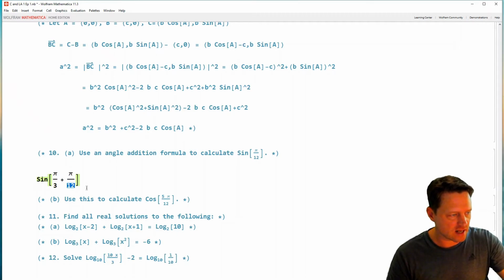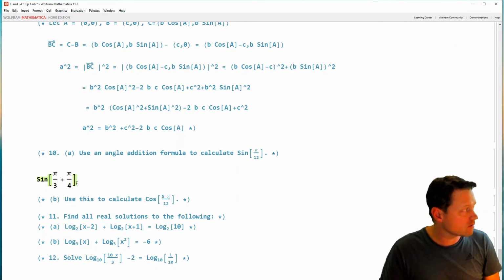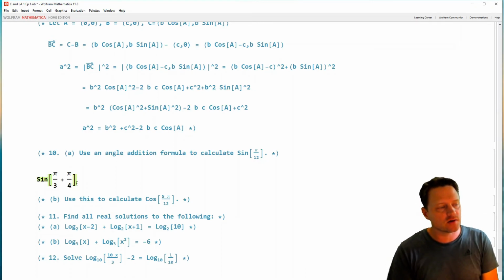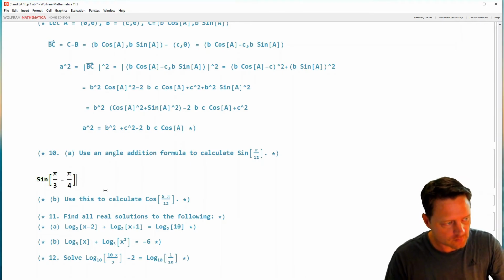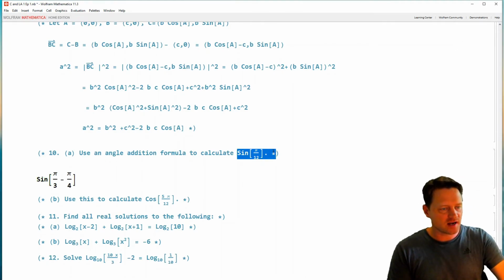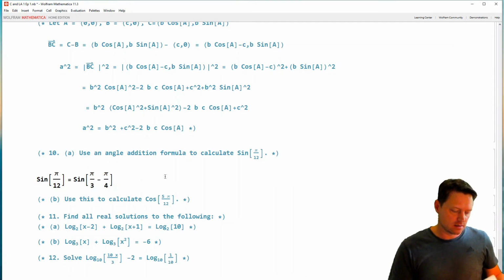And just see, does that add up? Well, they've got a common denominator of 12 when we cross multiply, but we would get 7 pi on 12. So actually we want a minus sign here. So sine of pi on 12 is equal to this. Now we want to use an angle addition formula, but in our case, this is a difference.